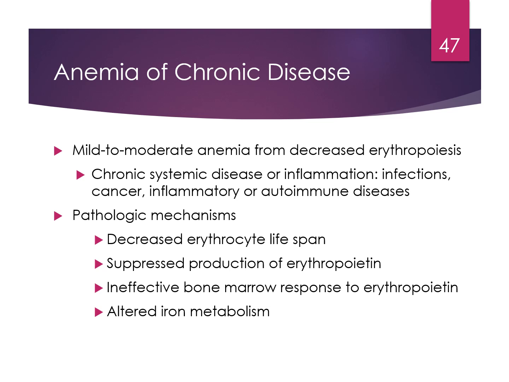Some diseases that may contribute to this anemia are diseases that are inflammatory, such as infections, cancers, autoimmune diseases. We often see it also in HIV patients. And because of this chronic disease, we have the bone marrow, which is ineffective in its response to erythropoietin.